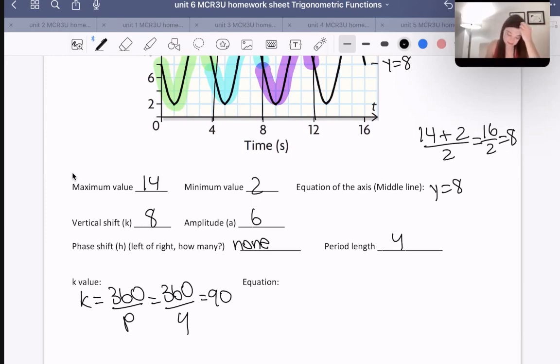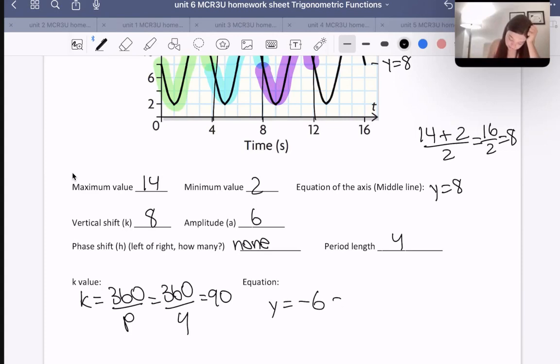We can say y is equal to the amplitude, right? In this case, the amplitude I'm going to put as 6, and I'm going to also put a negative sign to indicate that it's flipped, right? That the equation is reflected in the x-axis as compared to the original y equals sine x equation.